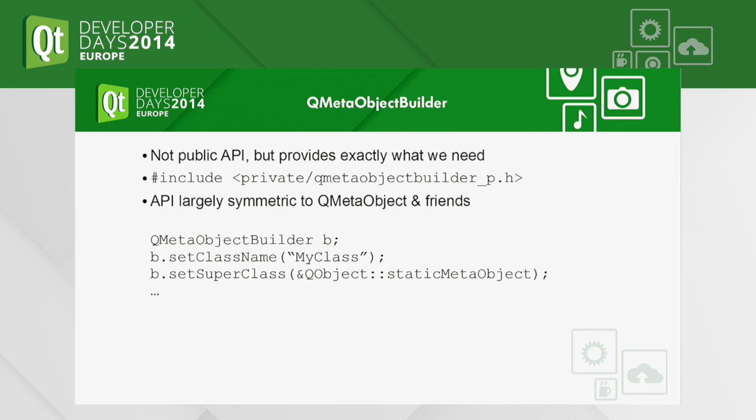So if you try to do this and you forget to set a base class, or you give it a class name that contains non-ASCII characters or spaces, I mean, it will happily accept that. The problem is that what you get out of it might show very interesting behavior. I mean, there aren't even asserts in there that make sure that the input is at least somewhat valid. So you have to be very careful there.